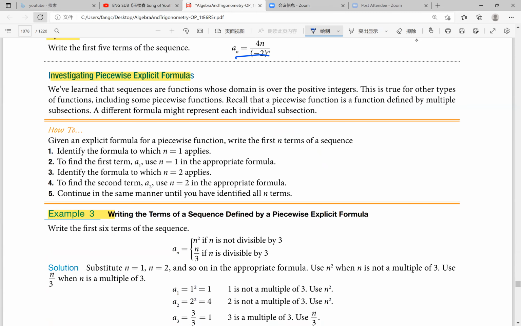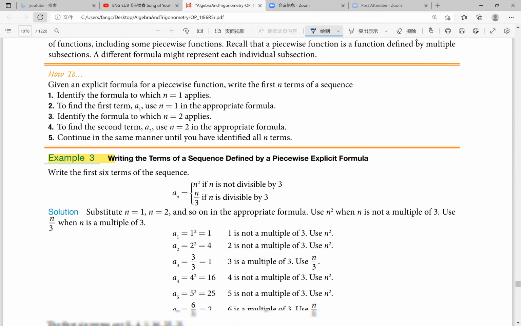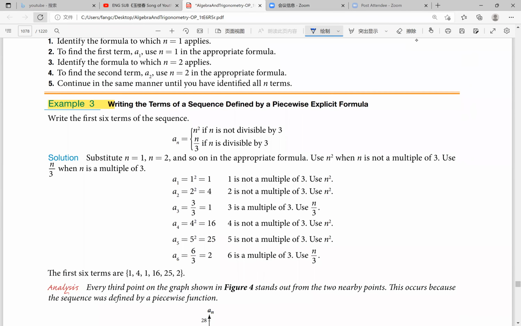Okay, next concept, piecewise explicit formulas. For piecewise explicit formulas, we also call it a piecewise sequence. It's not that common, yes, but we still need to know it. For example, example 3.